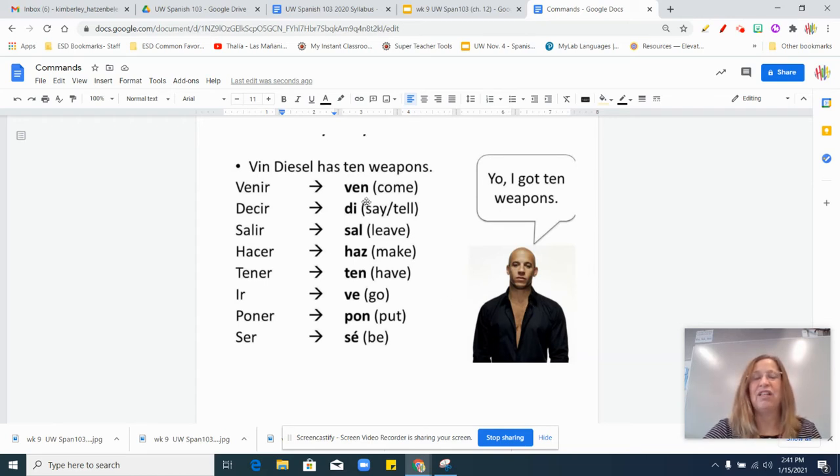And so you kind of just remember Vin Diesel has 10 weapons. He says, yo, I got 10 weapons. But you have to say it like this. Vin Diesel has 10 weapons. Otherwise, it doesn't work. But that's just a way to remember the irregular conjugations for those tú commands.